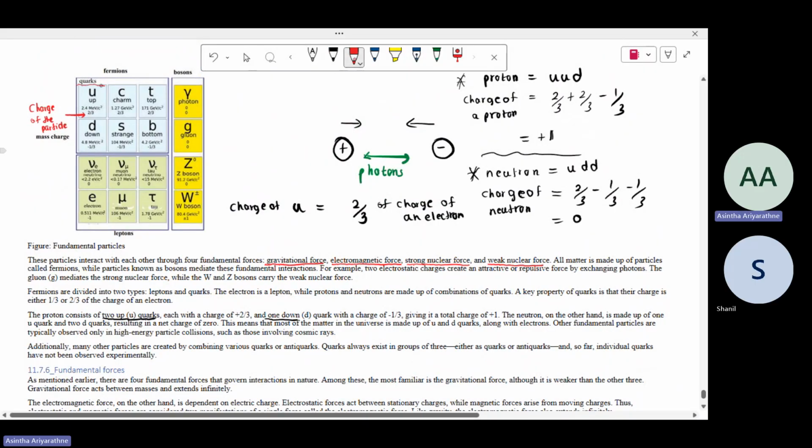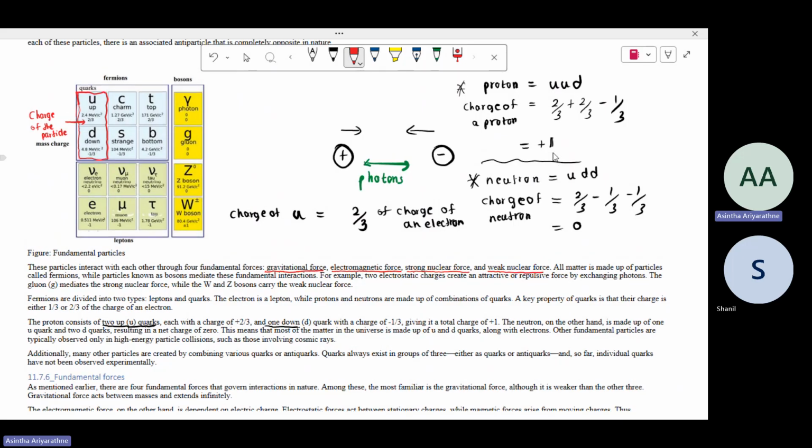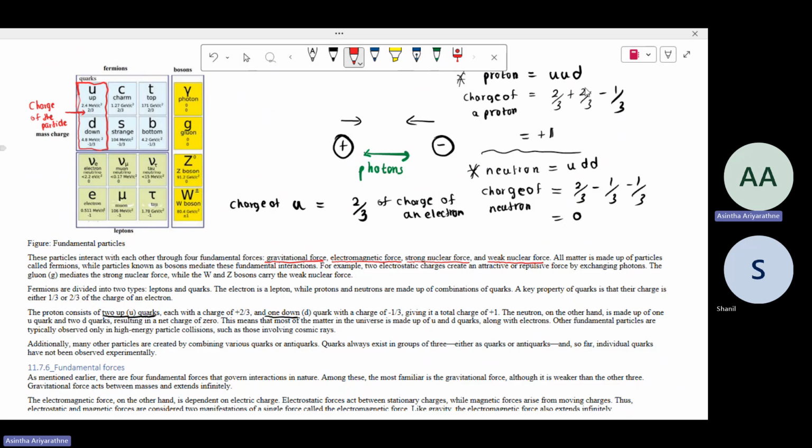Most things present in the world are made of a combination of U and D, because protons and neutrons are the basic fundamental components, and those two are made of U and D.